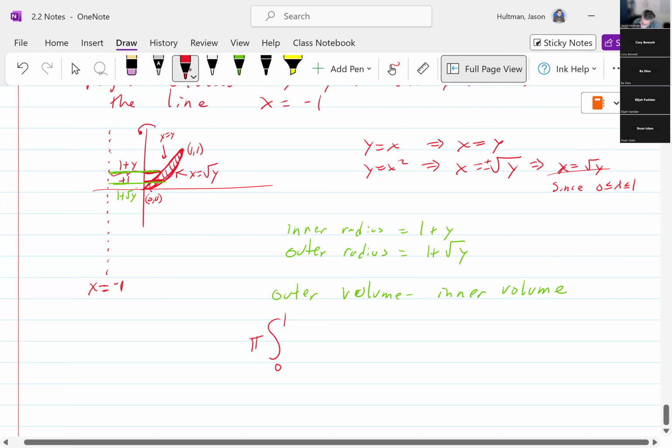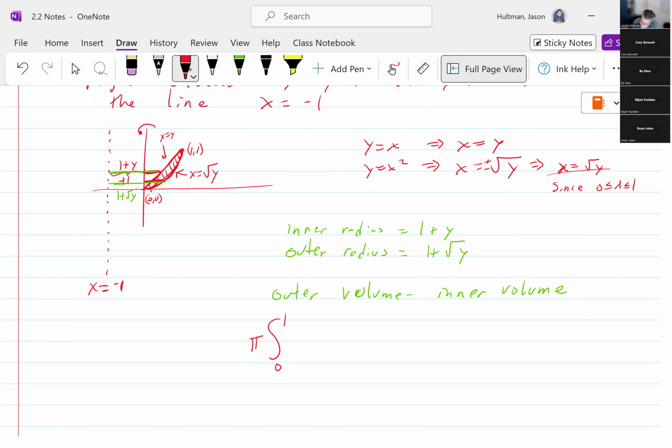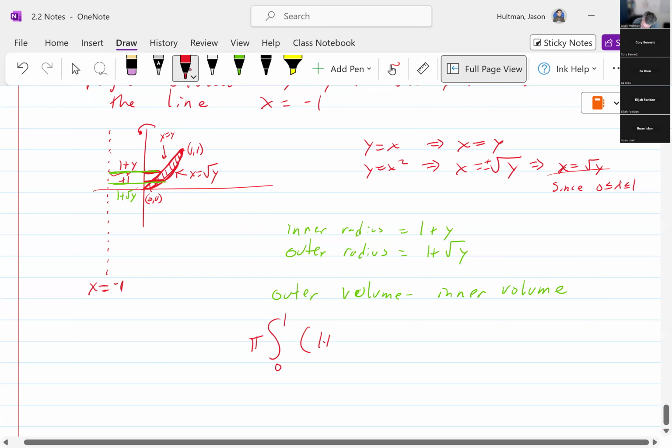We want the outer volume, so we take the outer radius and square it. The outer radius here is 1 plus the square root of y, squared, minus the inner radius squared, that's 1 plus y squared, with respect to dy.